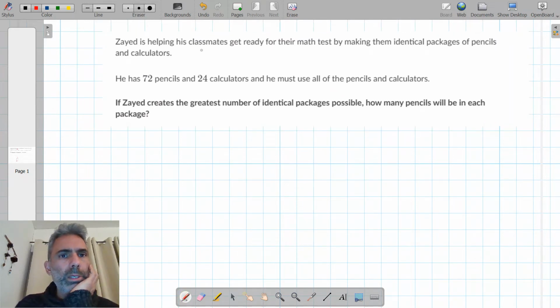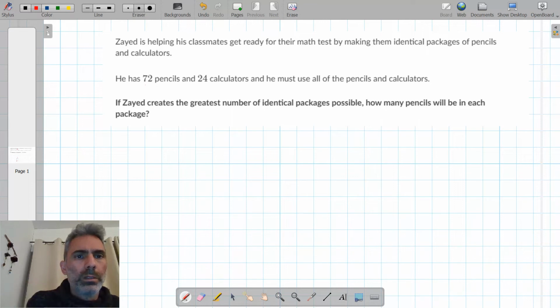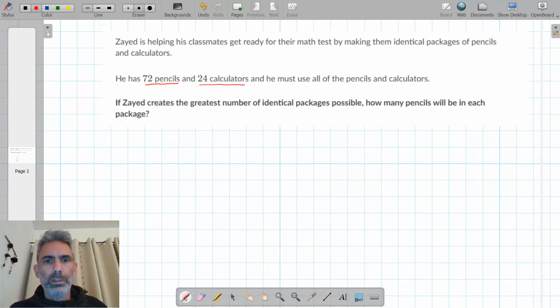Zaid is helping his classmates get ready for their math test by making them identical packages of pencils and calculators. He has 72 pencils and 24 calculators, and he must use all of the pencils and calculators.